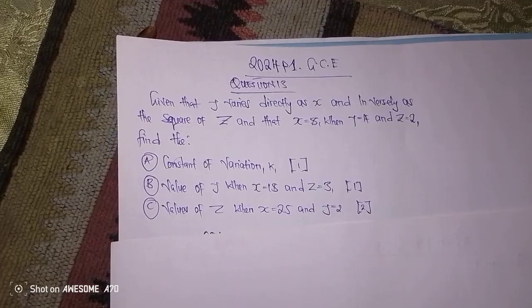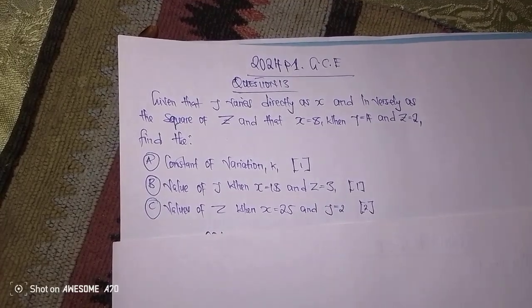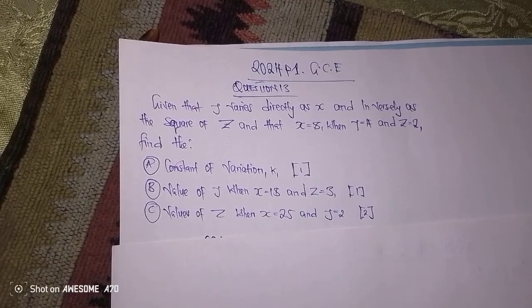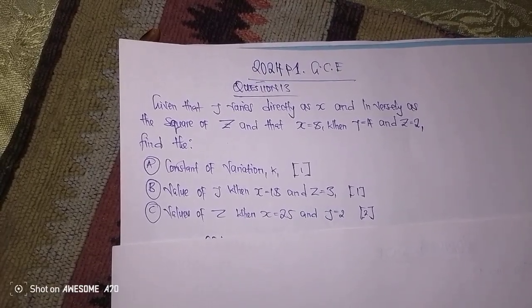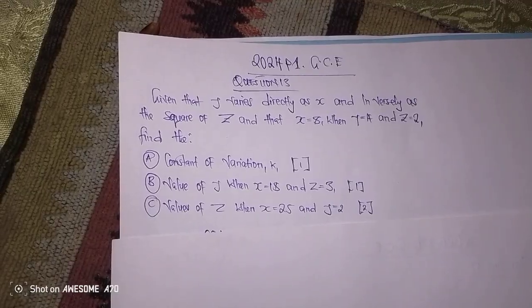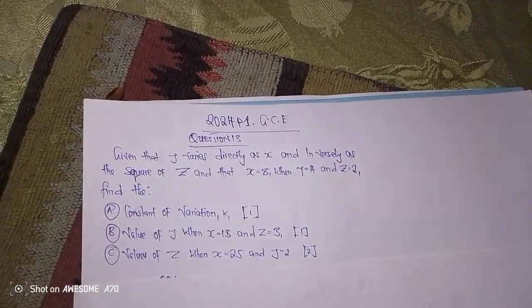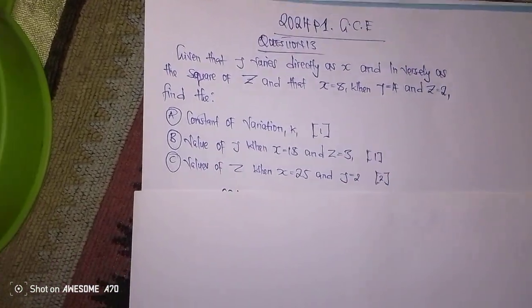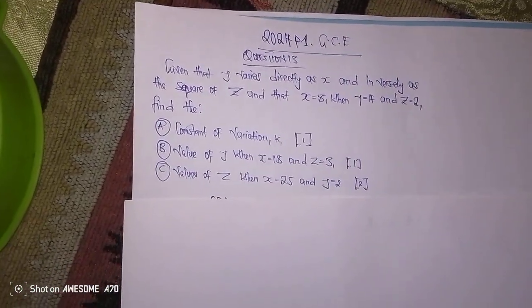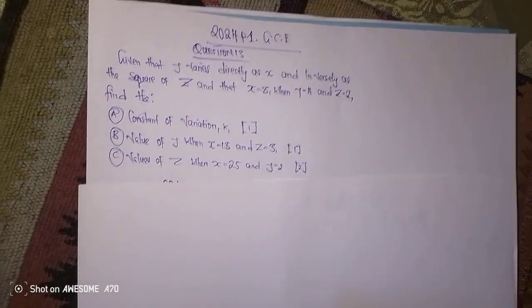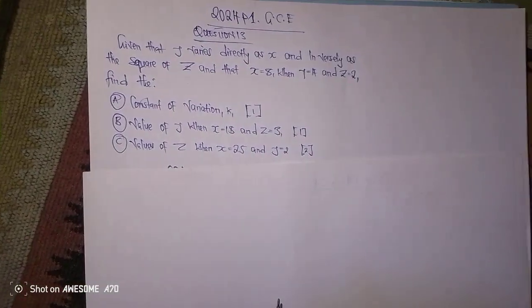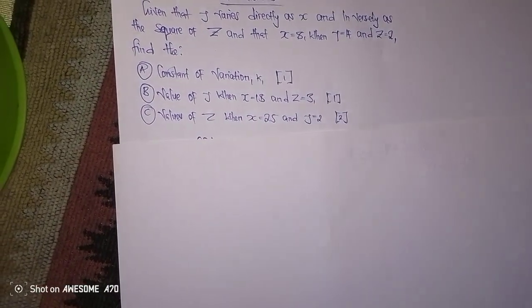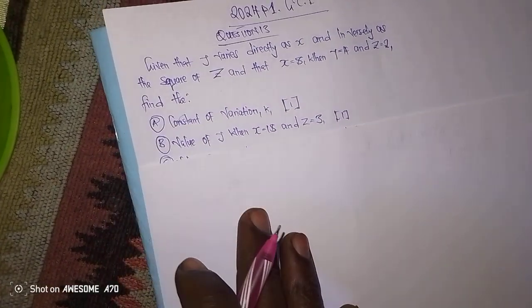All right, so the question reads, under variation: given that y varies directly as x and inversely as the square of z. So one thing that you need to understand about variations is that the first thing you need to do when you are solving variations is to come up with the equation.